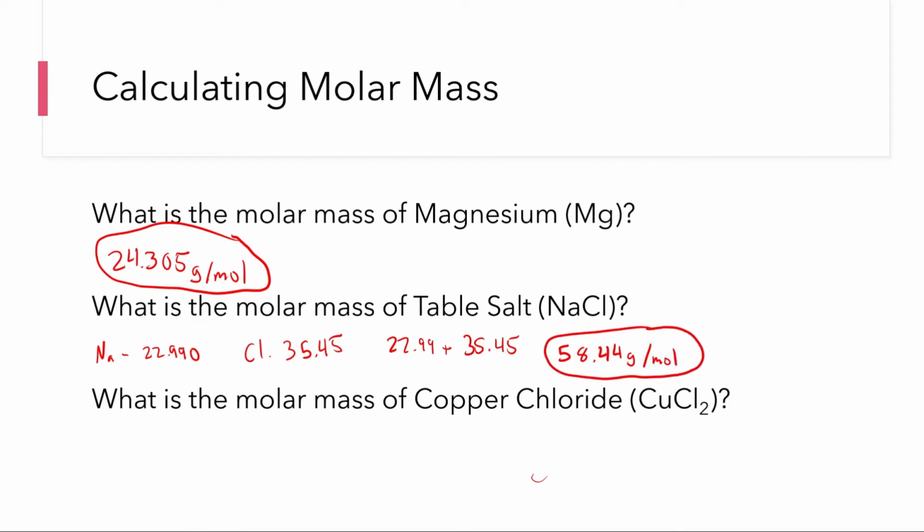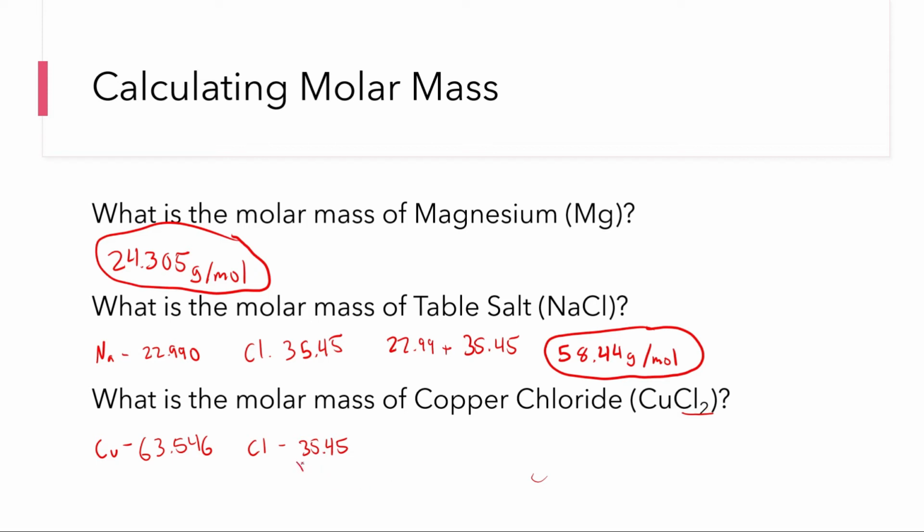Now this last one asks us what the molar mass of copper chloride is. So if we look at the periodic table, we'll see that the mass of copper is 63.546. And the mass of chlorine is still 35.45. Now in this case, there are actually 2 chlorine atoms in each molecule of copper chloride.